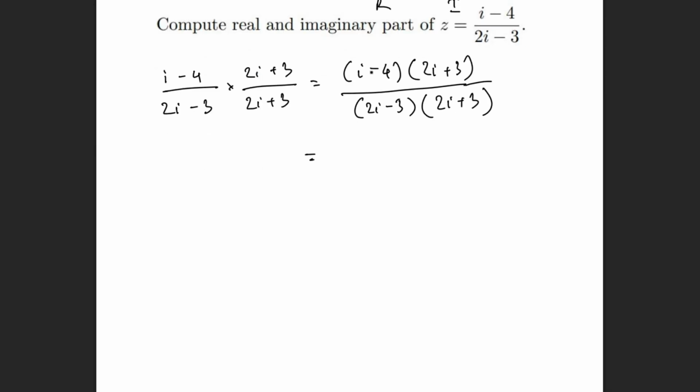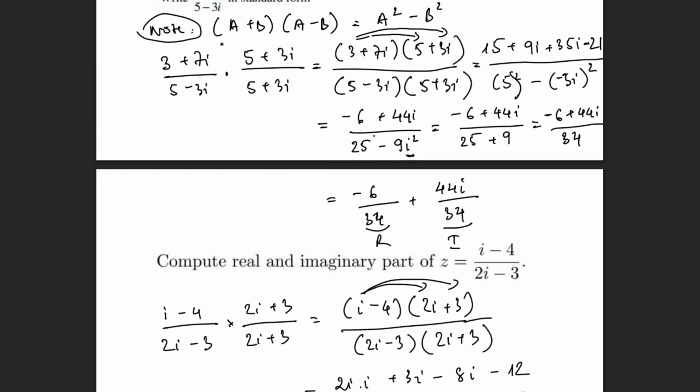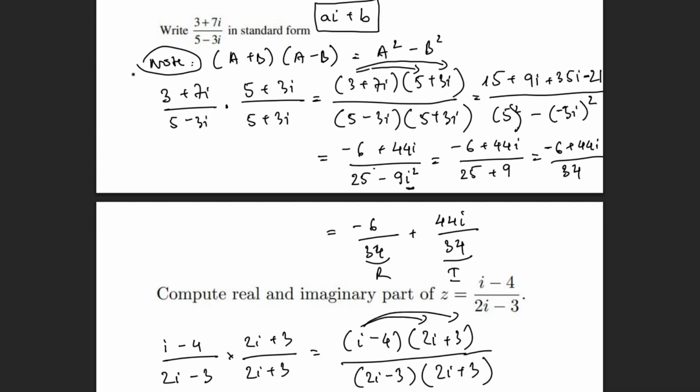So at the top, we distribute. We have 2i times i plus 3i, and distributing, we have -8i - 12. And the bottom, we will use the note right here, not here.